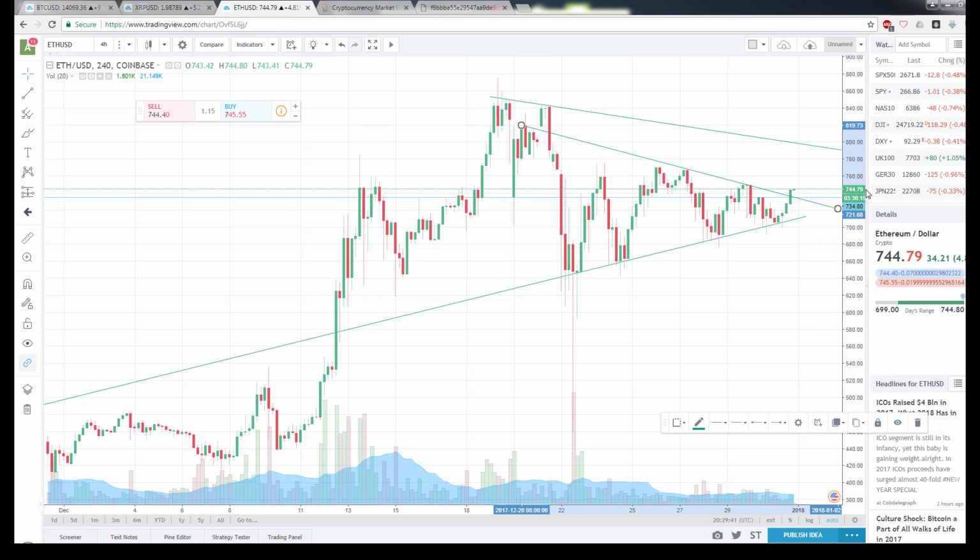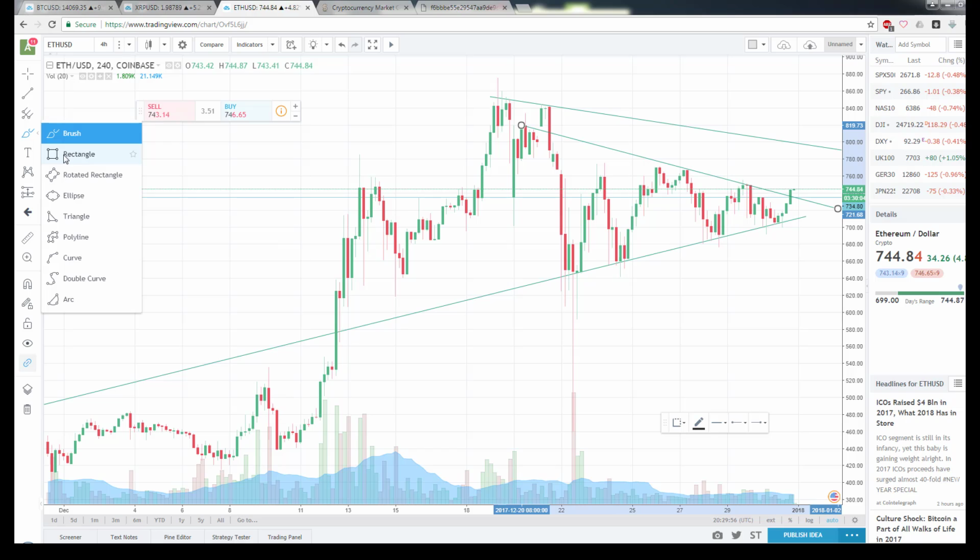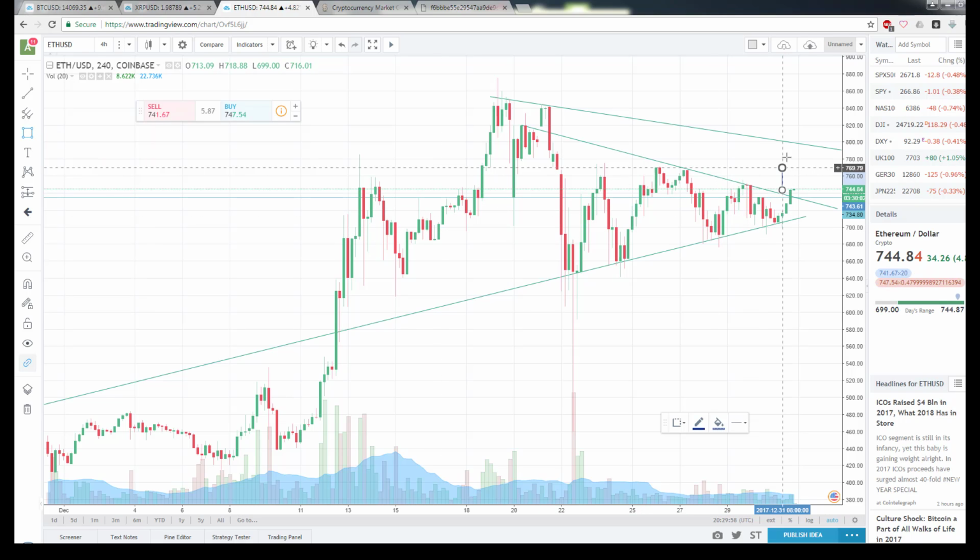Well, not really a lot of room, but it depends on if you're a long-term or a short-term trader, but there is room right here. Cool. Where's that shape thing again? Rectangle. Right, you have all of this room.